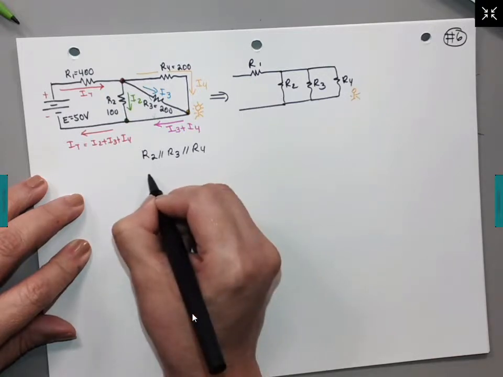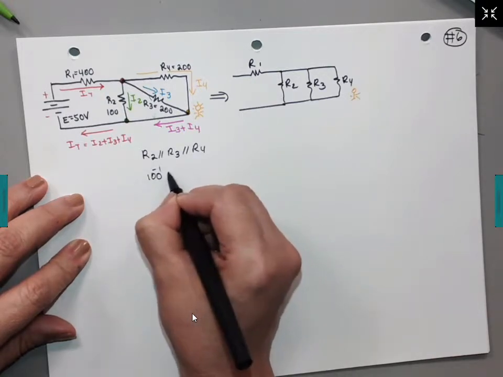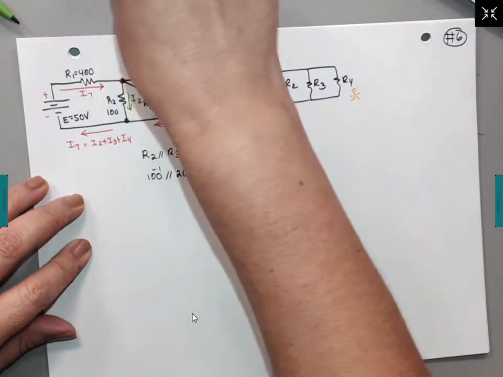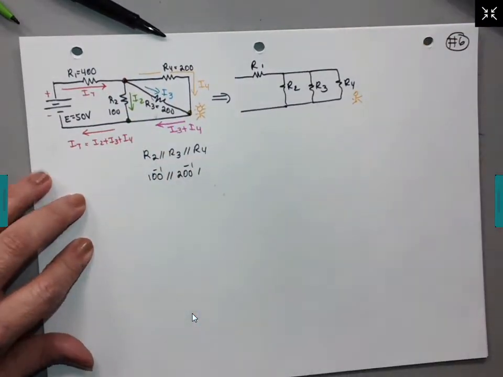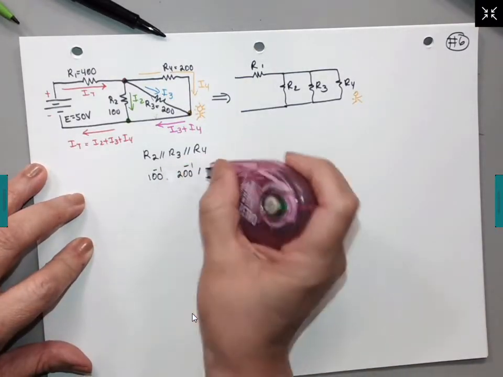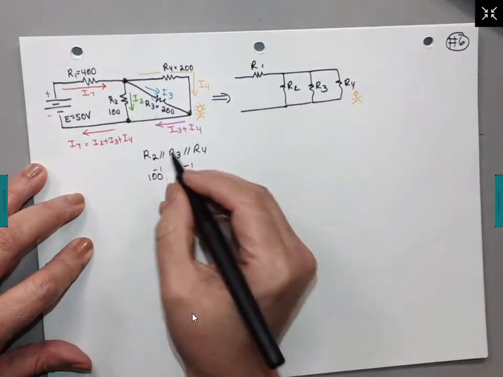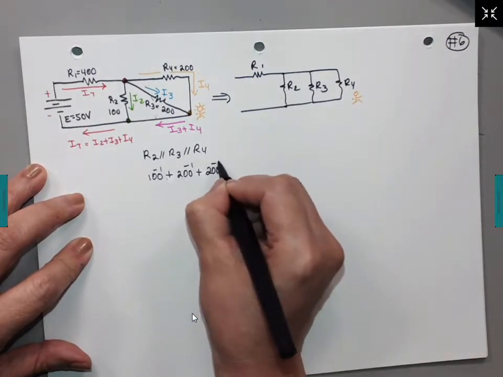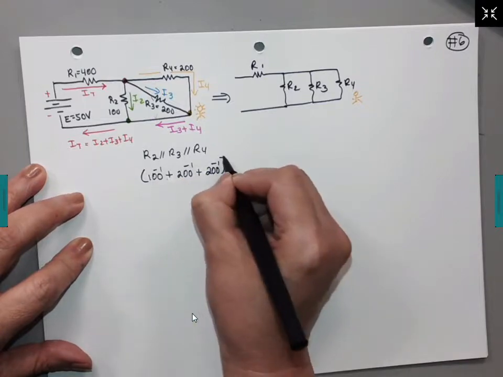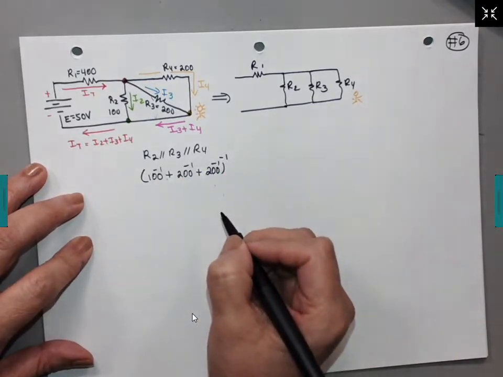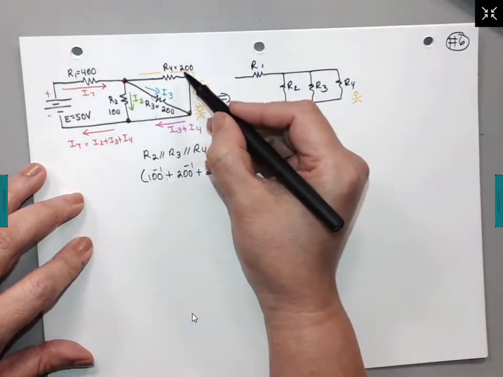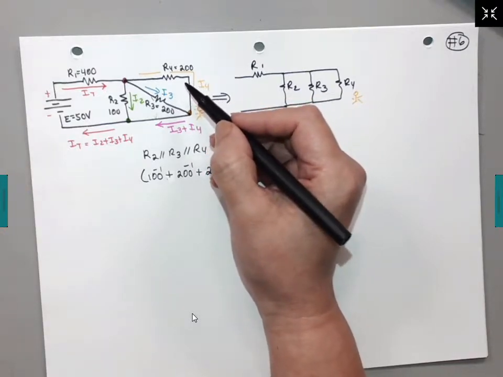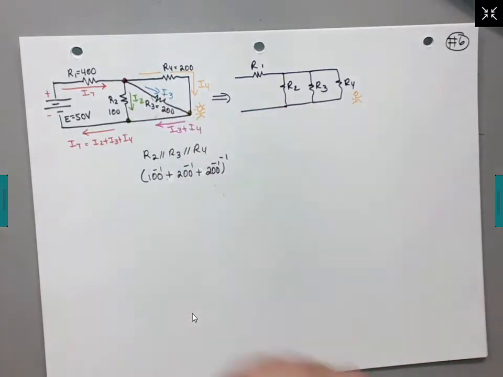So it's going to be 100 in parallel with 200 in parallel with 200. Oh, you guys should know what this is. 200 and 200 is 100. And 100 and 100 is 50.